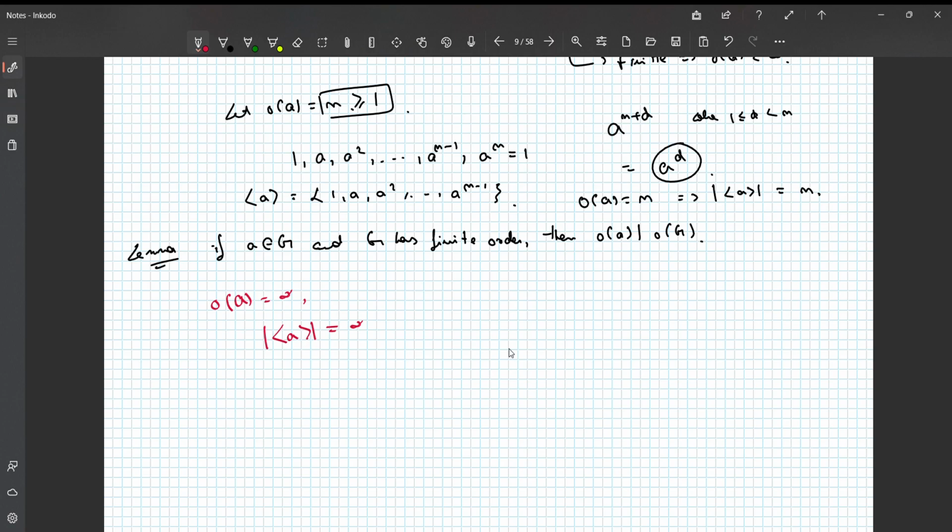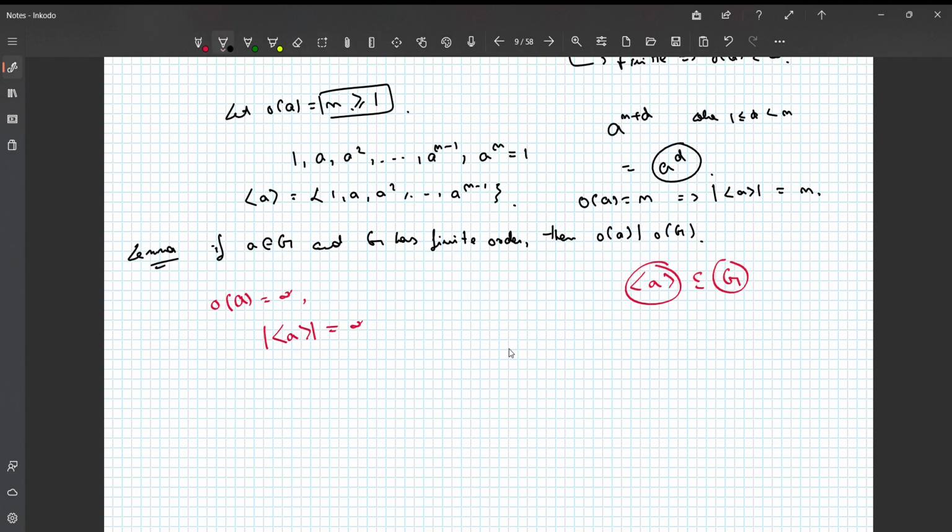But since G is closed under its operation, every element in the cyclic group generated by A is in G, so this must be contained in G. But this is infinite and this is finite. So that's obviously a contradiction. So the order of A must always be finite, right? So we can talk about the division.